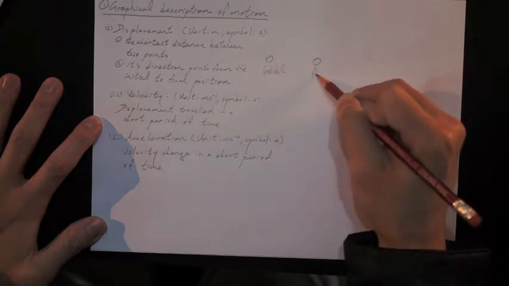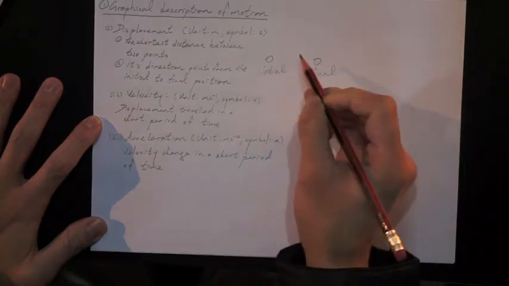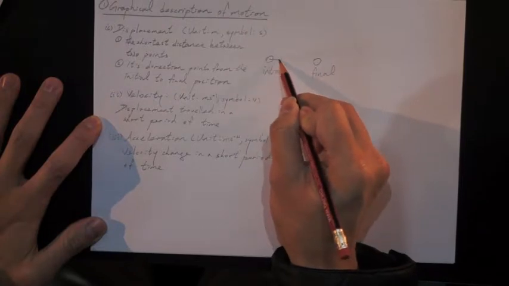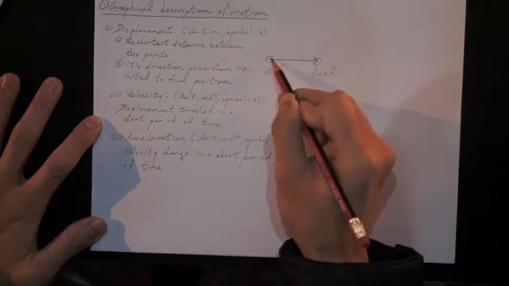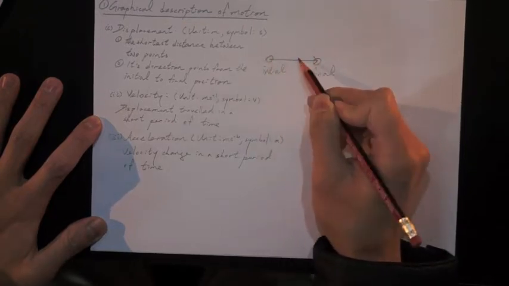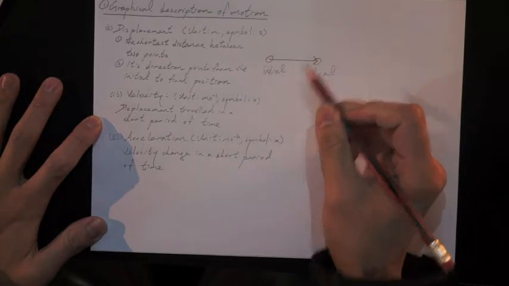The direction starts from the initial position to the final one. So this vector means the displacement of this object.